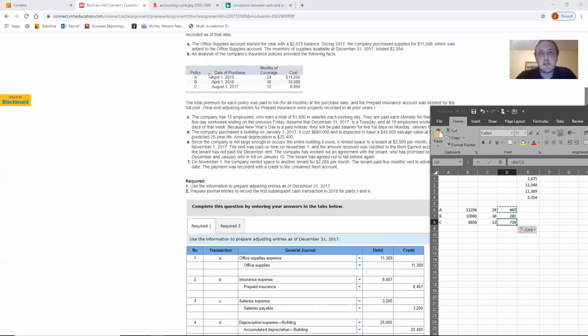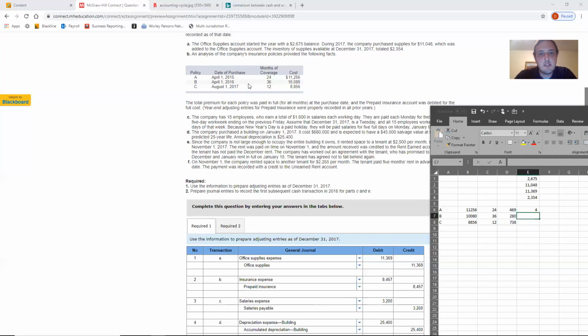So they paid at the purchase date, and today is now December 31st. So we have a full 12 months on that one. Wait, no, because that one would have expired in April 2017. So you only have from January 1 to April, January, February, March, April, that's 4 months.